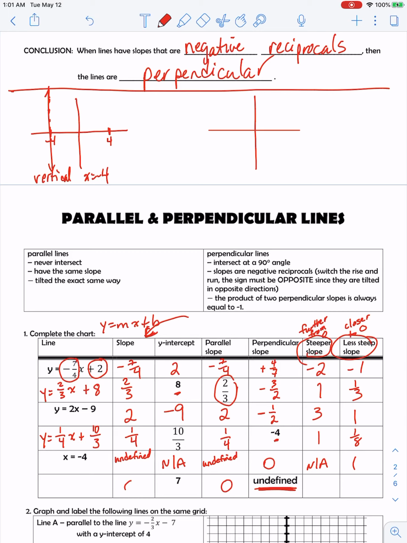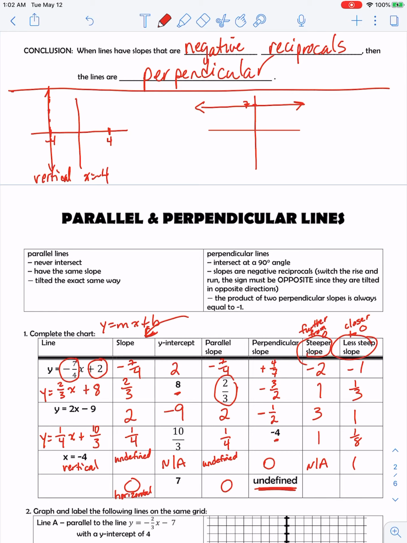That means the slope of this is going to be 0. Now this is saying that the y-intercept is equal to 7. It's a line that has 0 slope, which means it is a horizontal line. This one is vertical. It's a horizontal line going through 7.